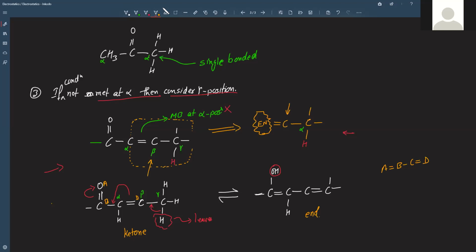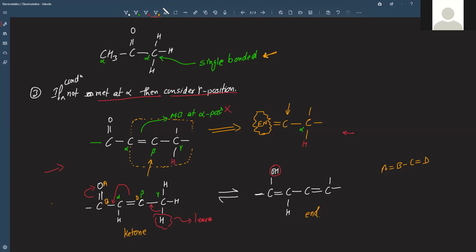So resonance happens, and this is not the only structure it has. It has a resonating structure, and that's why the contribution of this structure is less or not 100%. So that's why this hydrogen doesn't behave as the alpha hydrogen behaves in the previous case. That is the importance or impact of a single bond.